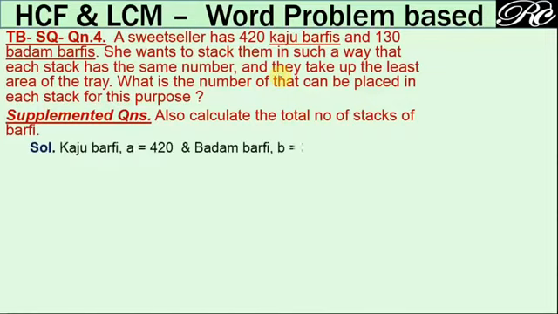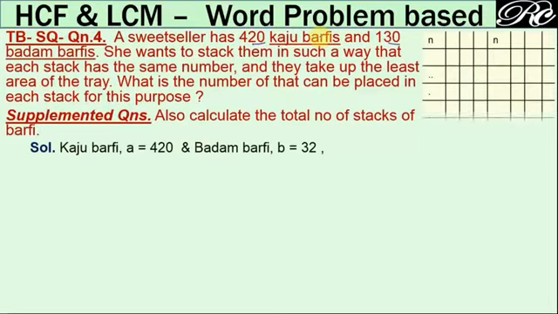Here we are getting that the number of Kaju Barfi is 420, and the number of Badam Barfi is 130. Now these two have to be stacked such that the stack length should be the same. It means the number of rows for both the Kaju Barfi and Badam Barfi should be the same.